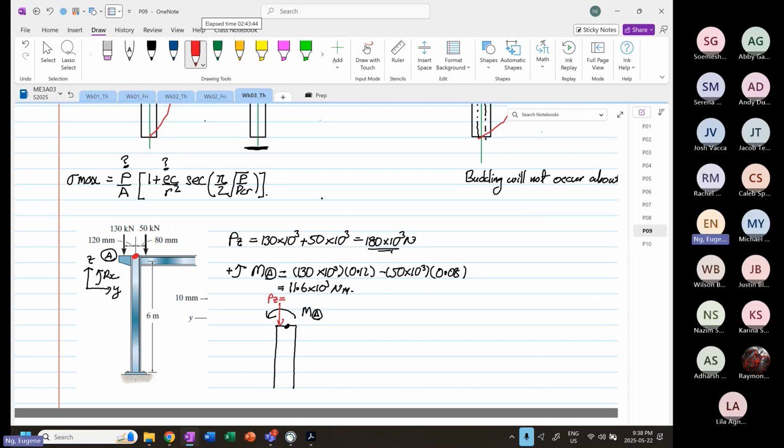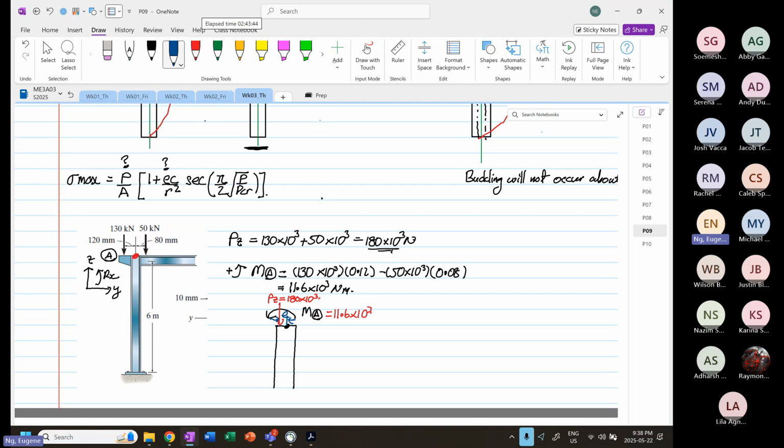The PZ is now equal to 180 times 10 to the power 3, and we know the moment at A is 11.6 times 10 to the power 3. Now we can find this distance, which is equal to E.